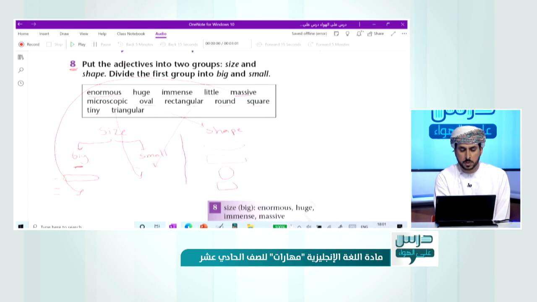What about this word? Tiny. Do you remember the meaning of tiny? Yes, of course. It's very, very small. So it comes here. Now, what about the last one here? Triangular. This one is triangular. So it is a shape.